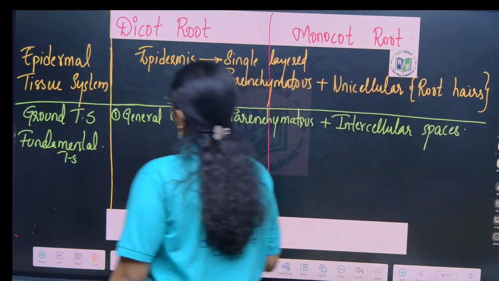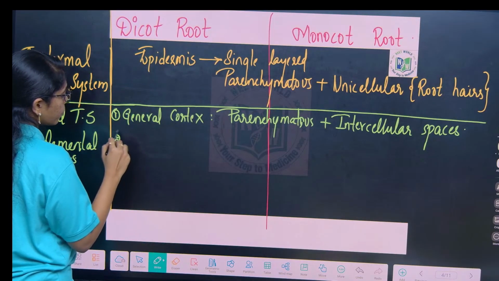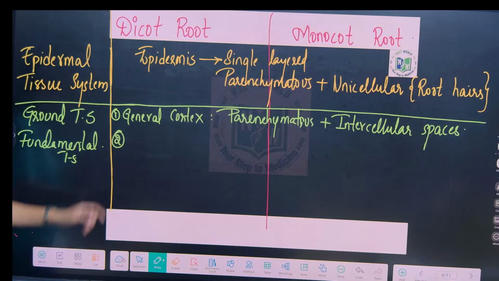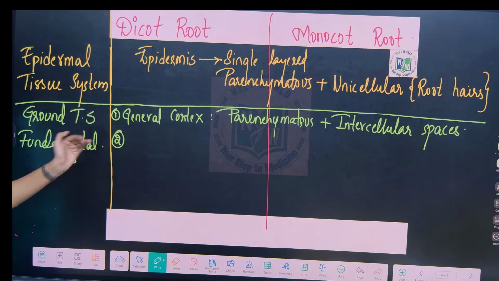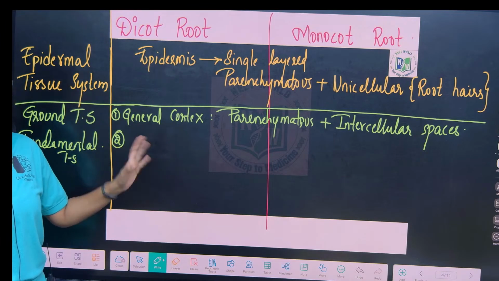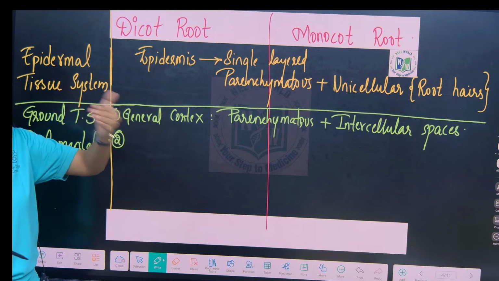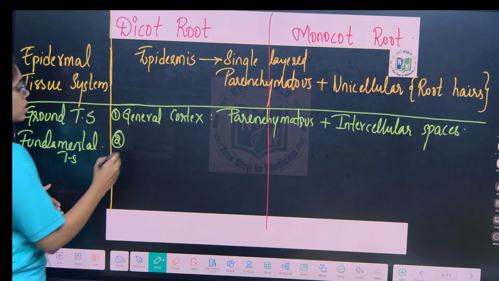Clear? Next, after general cortex, what is the last layer of the cortex? Endodermis. In root anatomy there is no hypodermis. After epidermis, directly it is general cortex, and after that you have what? Endodermis.